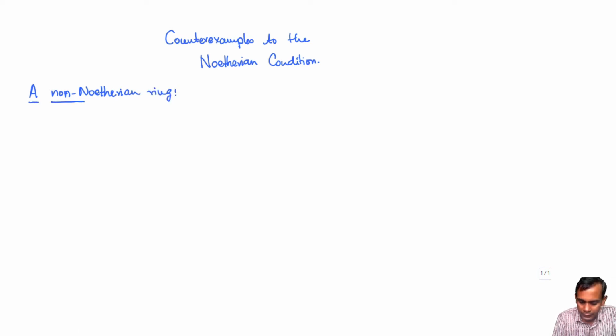A very obvious example of a non-Noetherian ring is to look at the ring of polynomials in infinitely many variables.